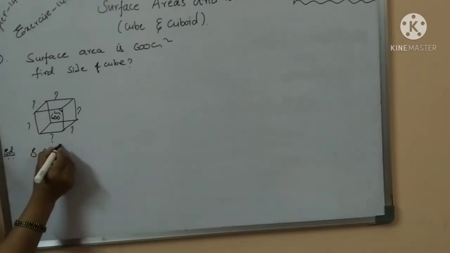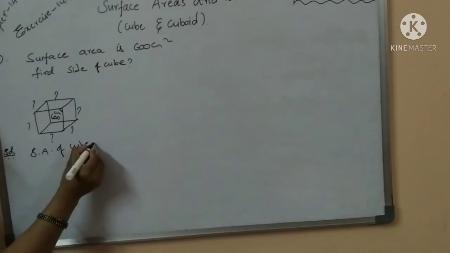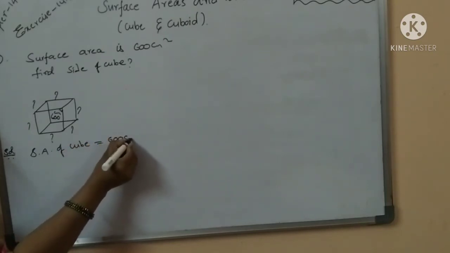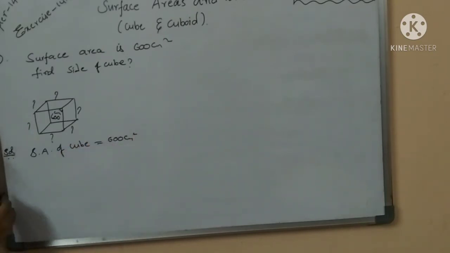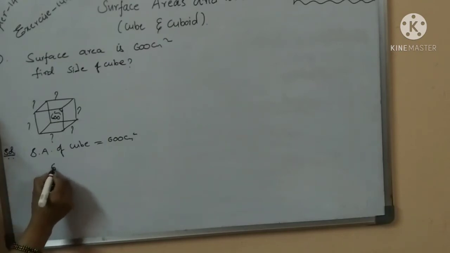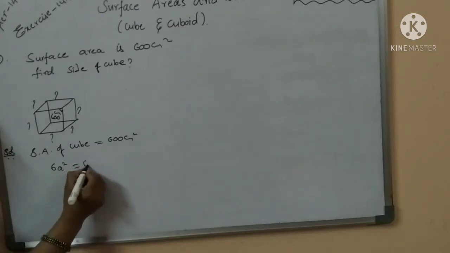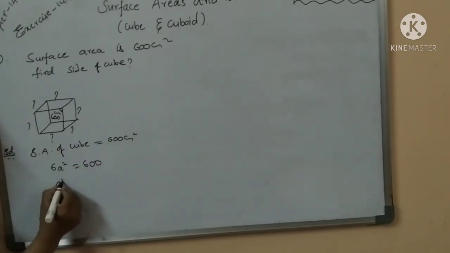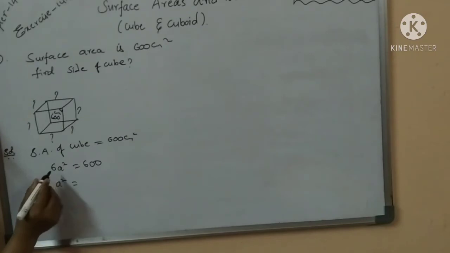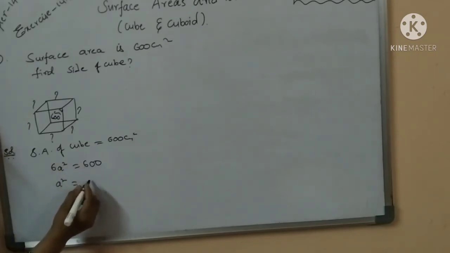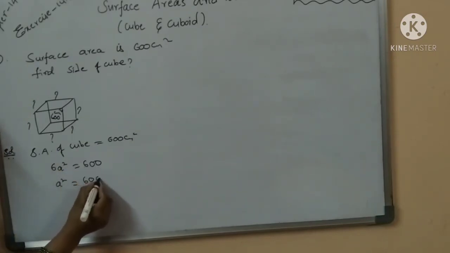What is the surface area of a cube? 6 a square. Surface area 6 a square equal to 600. So a square is equal to 600 by 6, since the multiplication goes outside as division.